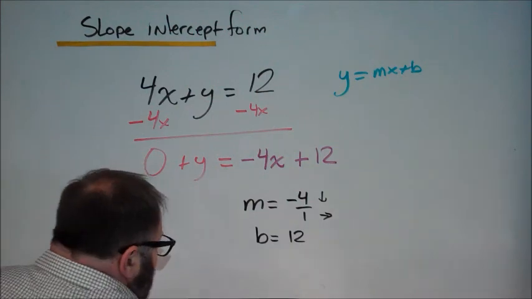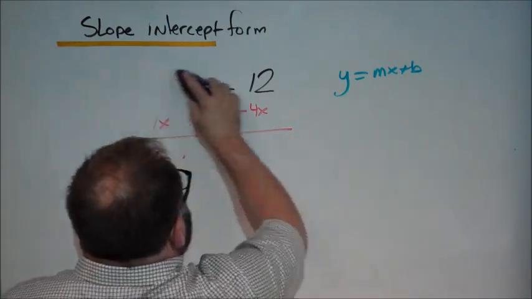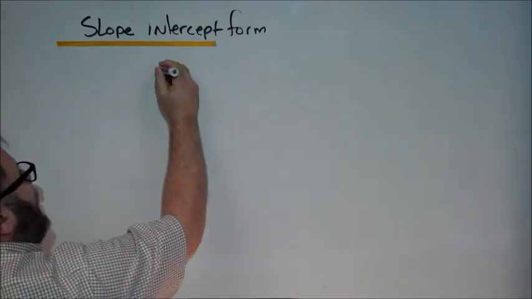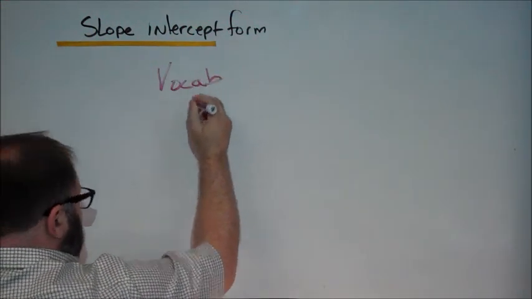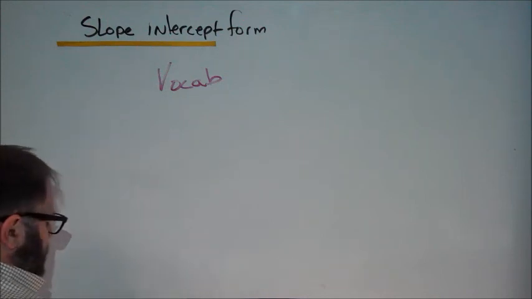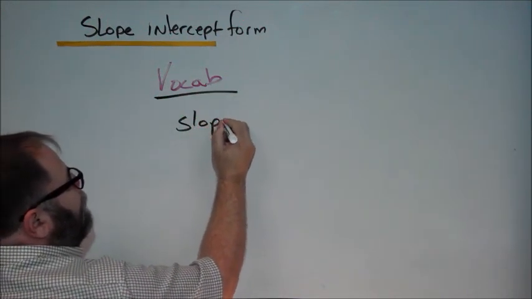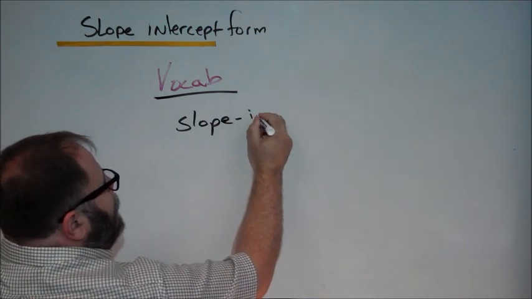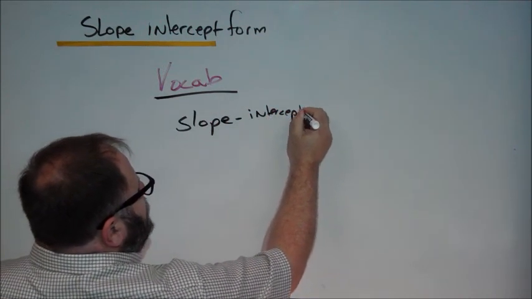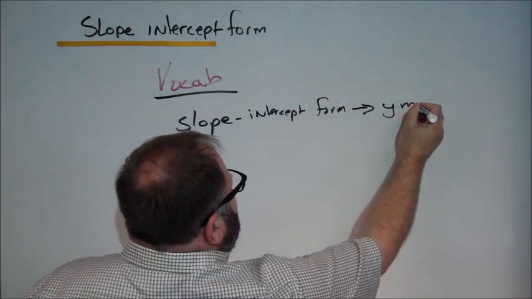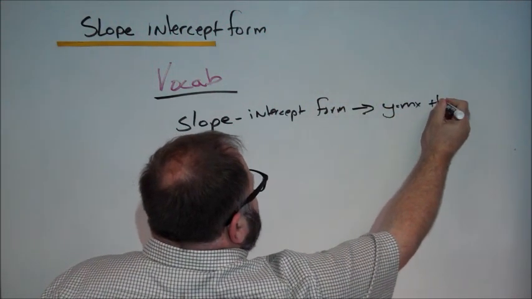All right, let's look at the vocab. Ding. The vocab. We have to know slope, intercept, form, which is y equals mx plus b.